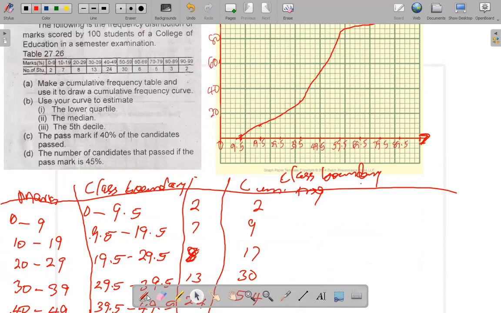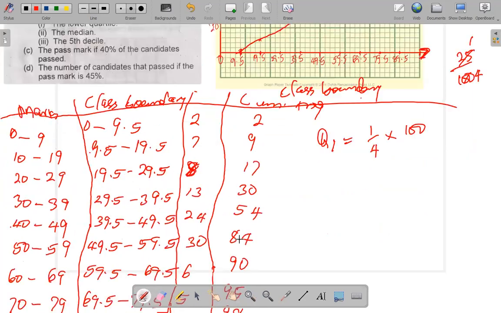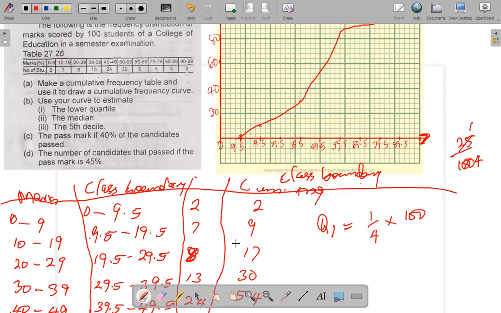Q1 is equal to 25% or 1 over 4. Remember, 25% is 25 over 100. So 1 over 4 times 100, because our total cumulative frequency is 100. 4 here, 1, 4 here, 25.